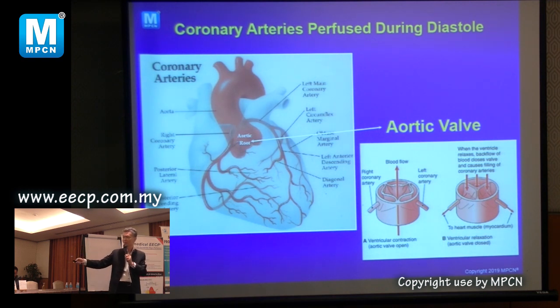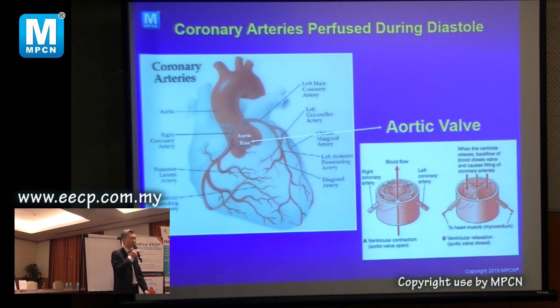So just now I spoke about the valve and the artery. So you see the valve is below, the artery is on top. So it's outside the heart chamber. And this aortic valve you can see here, it opens when the heart contracts, so blood flows out. And then when the heart relaxes, if the valve is leaking, the blood flow will get sucked back. So the valve should be functioning properly. But some patients with a diseased valve, it doesn't function properly, it leaks back.